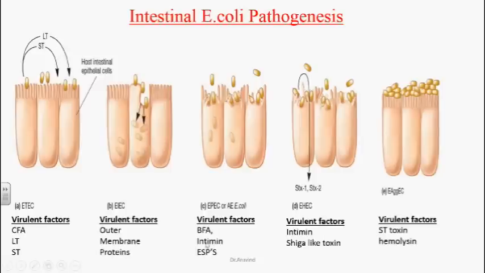At that point of time, the intimin, which is present on the E. coli cell membrane, will attach to that translocating intimin receptor, the TIR receptor, so that the cytoskeletal filaments, especially the actin molecules, will get polymerized and change the microvilli structures, and that can cause attaching and effacing lesions. We can see the exact animated picture of how it happens in the next slide.